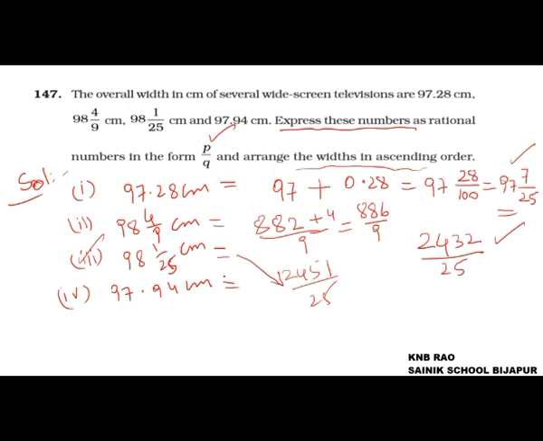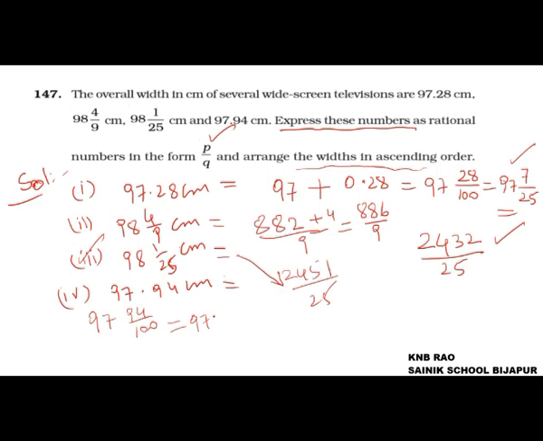For 97.94, how I did the first sub-question, similarly we can do here. 97 plus 0.94, which can be written as 97 integer 94 by 100.